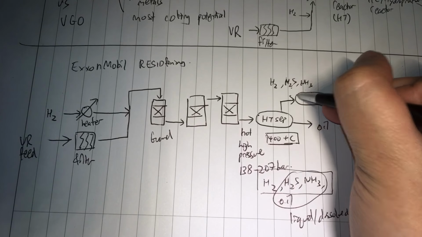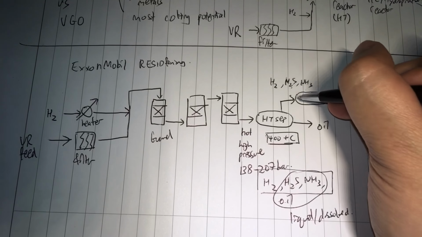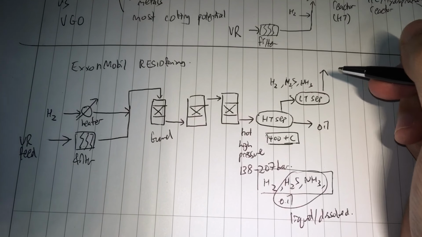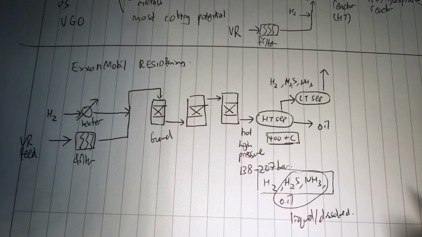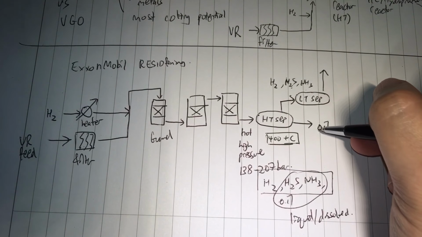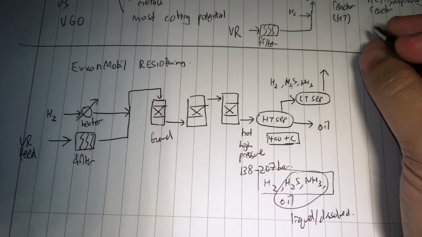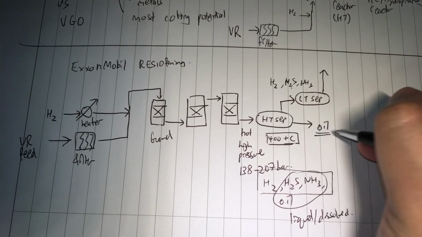So here there will still be some pressure, so you have a low temperature separator. Okay, so the heavy oils will go down.